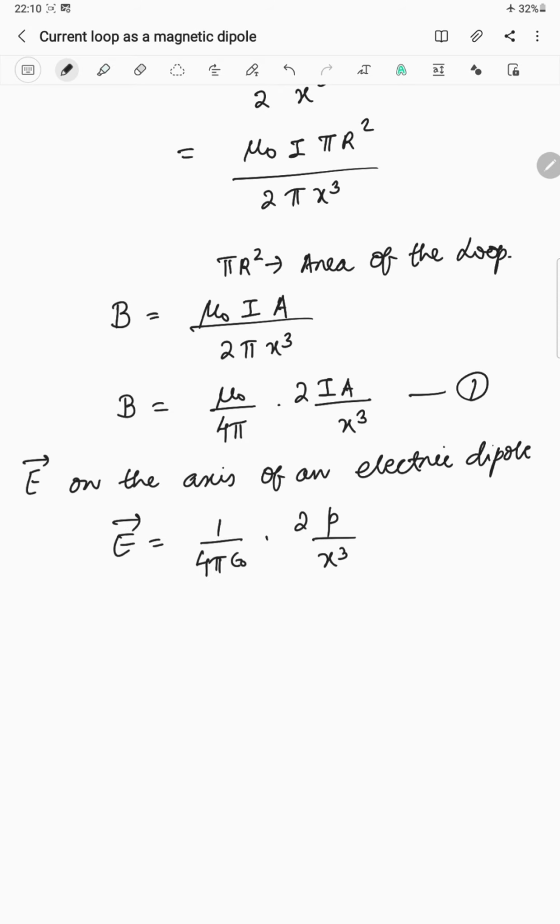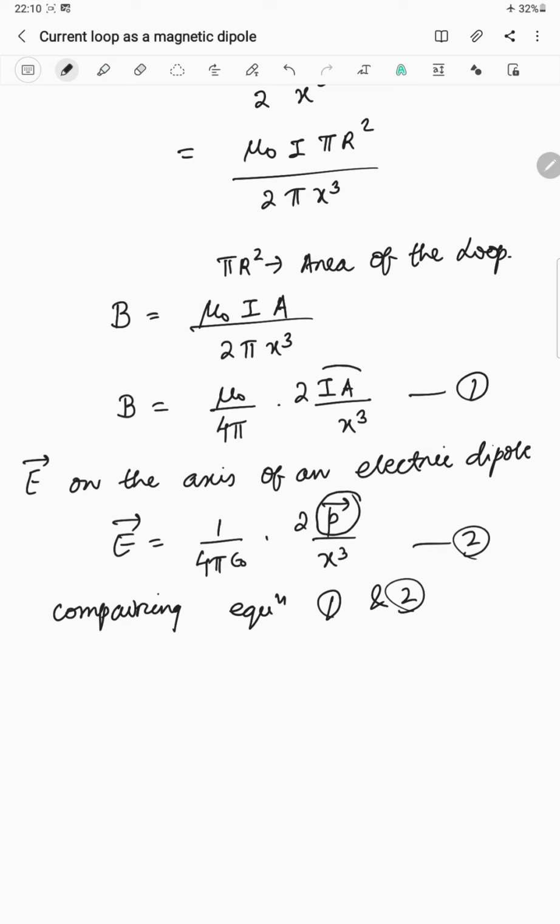If I write it vectorially, it will be this. It is equation 2. Now if you compare equation 1 and 2, it is quite obvious that p, the electric dipole moment, will be equal to I A.